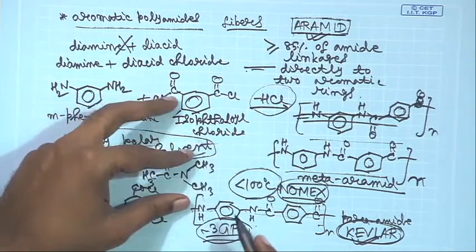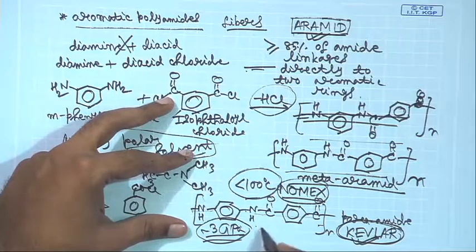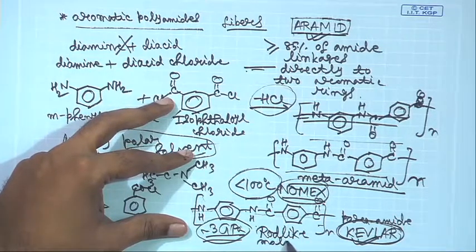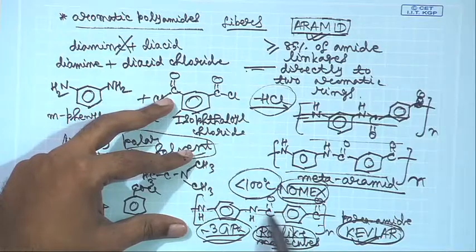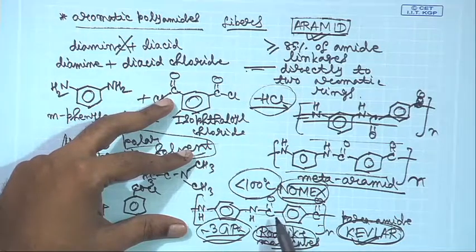Now, something else you should remember: these are all rod like molecules, and this kind of efficient packing not only makes them highly crystalline, but also makes it difficult to solubilize them in many different solvents. So for processability, you have to adopt different ways.